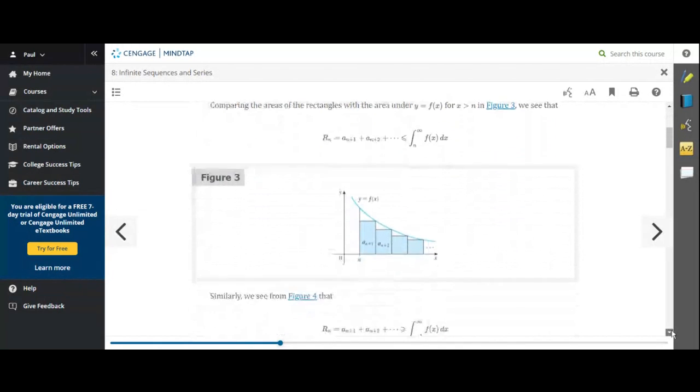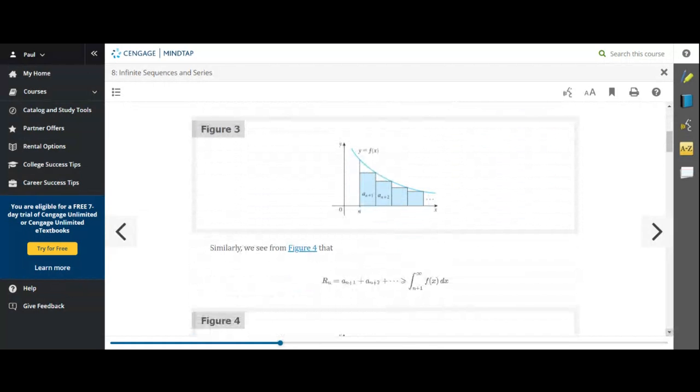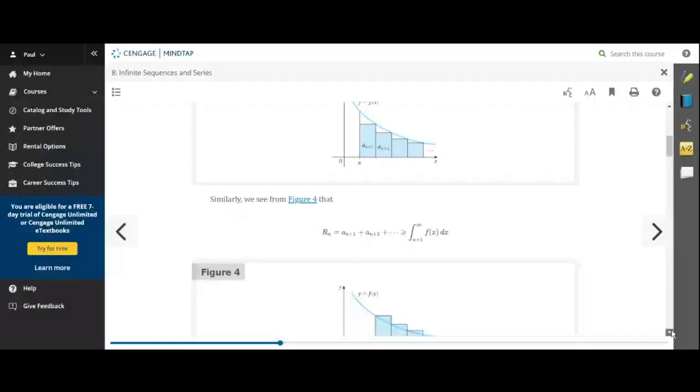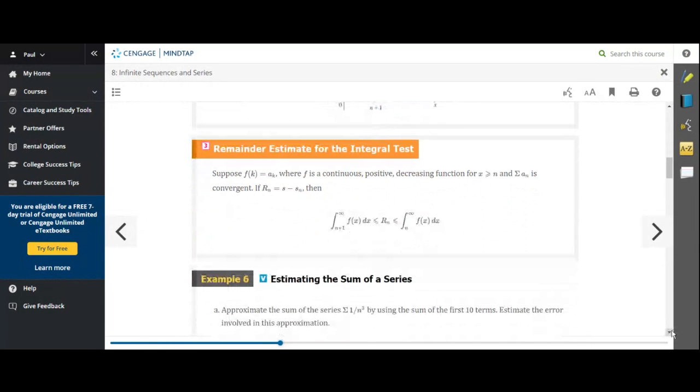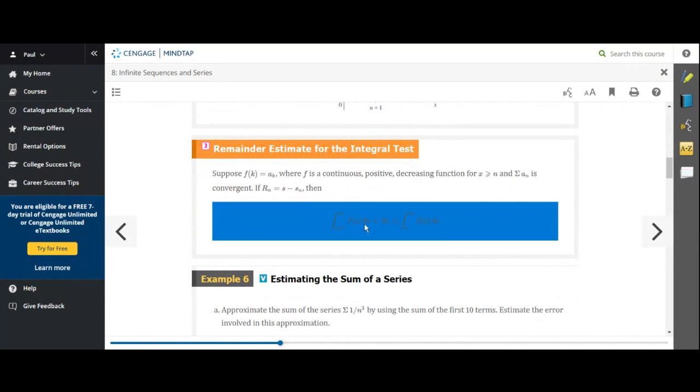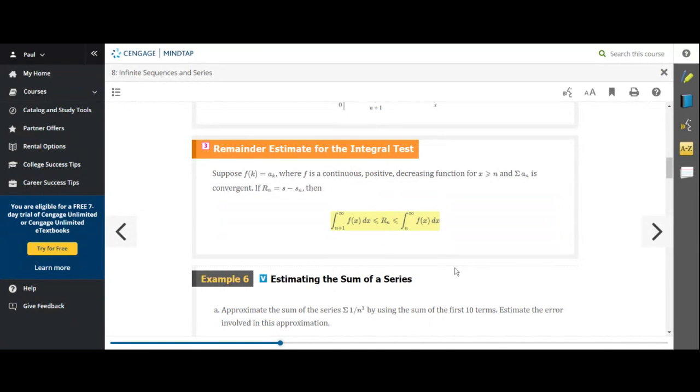Using figures 3 and 4, and I'm going to have my own version of that, they have a formula to approximate the remainder R sub n, or the error in approximating an infinite series with a partial sum of the first n terms of the series.